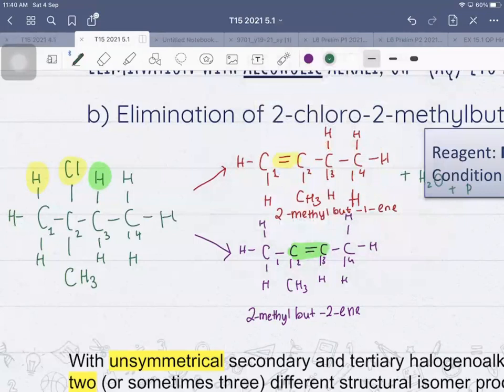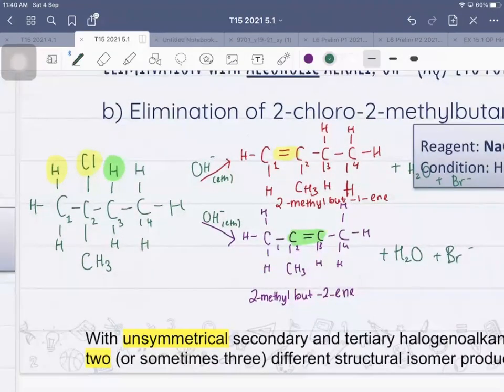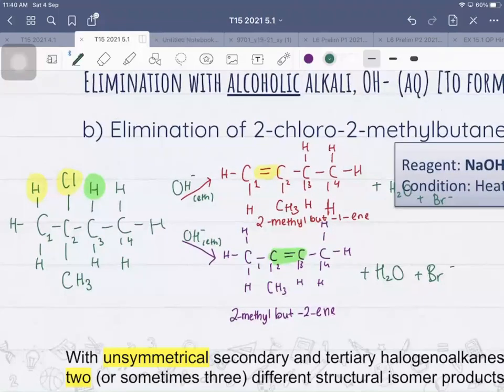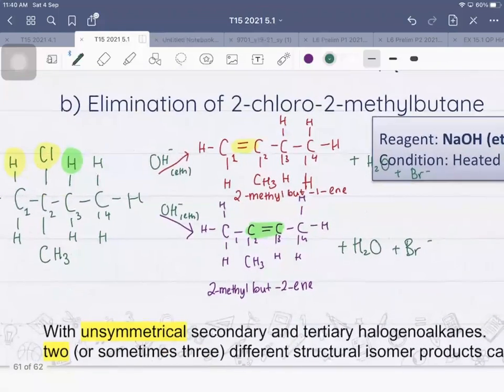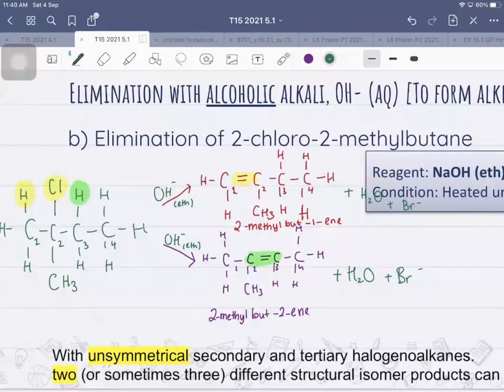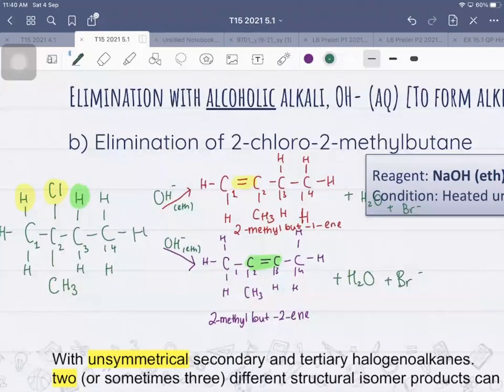Okay, so I forgot to add on OH minus ethanol. Okay, and then this one will also form H2O plus Br minus. Okay, so with unsymmetrical secondary and tertiary halogenoalkanes, sometimes 2 or even 3 products can be formed. Okay, so it depends on the starting material.